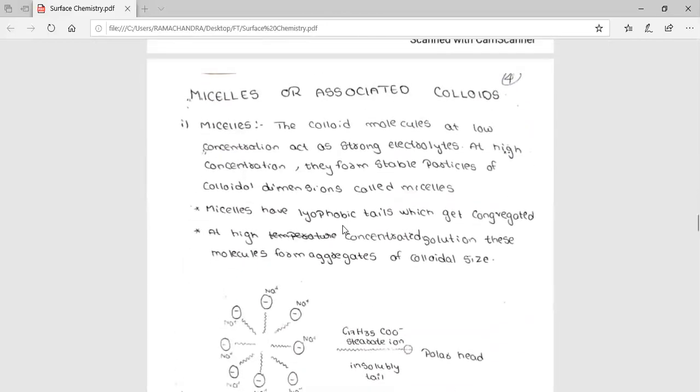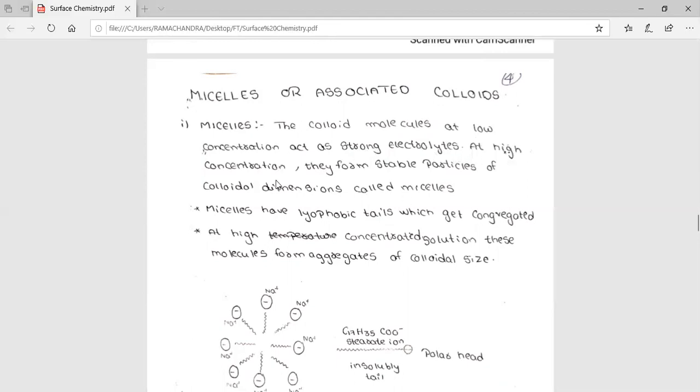So next we discuss micelles, or associated colloids. What is meant by associated colloids? Colloidal molecules at low concentration act as strong electrolytes.